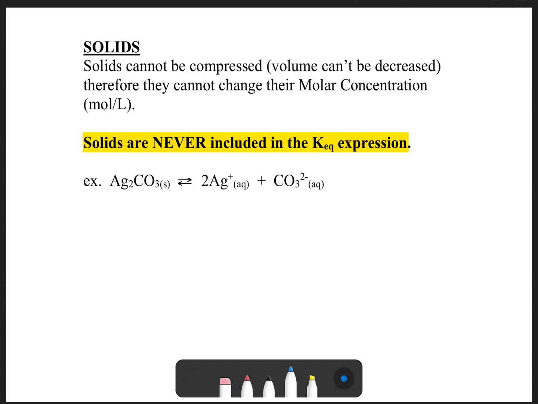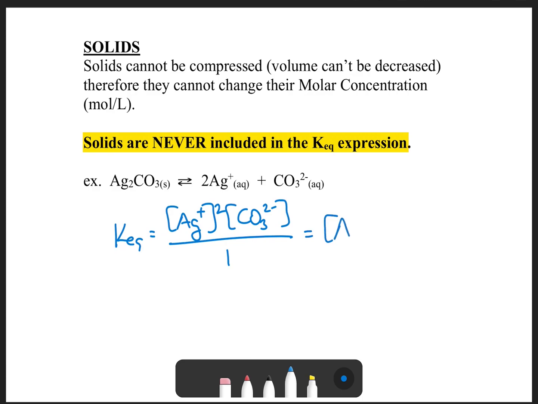If we were to write a KEQ expression for this equilibrium, KEQ would be products over reactants, which are just a solid, so just over 1, or quite simply, we could just write this as Ag plus squared CO3 2 minus, and there's our KEQ expression, not using a solid in the expression at all, as it does not have a molar concentration.